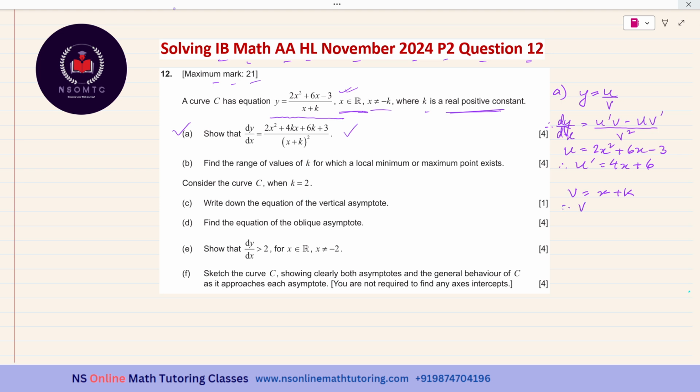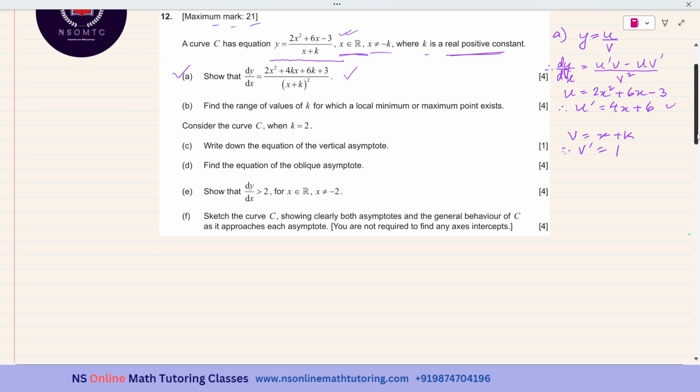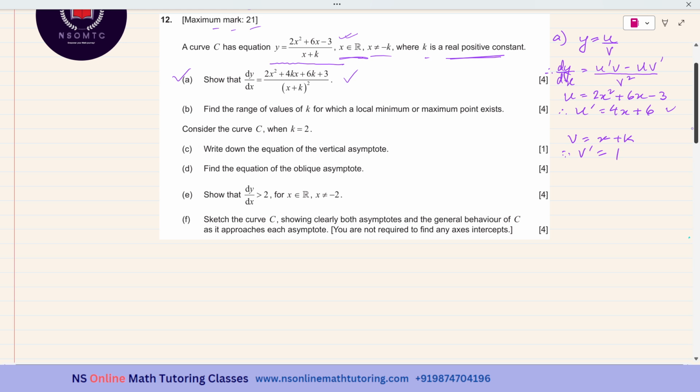Therefore, v dash or v prime is equal to 1. I am not going into the details of how I am getting the u dash expression, as any student who is familiar with the basics of differentiation will be able to differentiate this expression 2x squared plus 6x minus 3. So we have got the expressions for u dash and v dash.